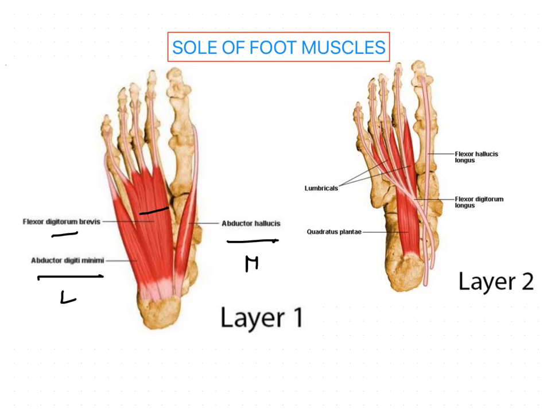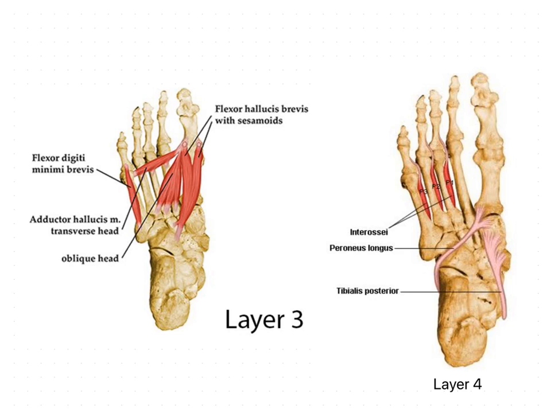Next, moving on to the third layer, here also we can find 3 muscles. One is flexor hallucis brevis, which we can see on the medial aspect, and then flexor digiti minimi brevis on the lateral aspect.